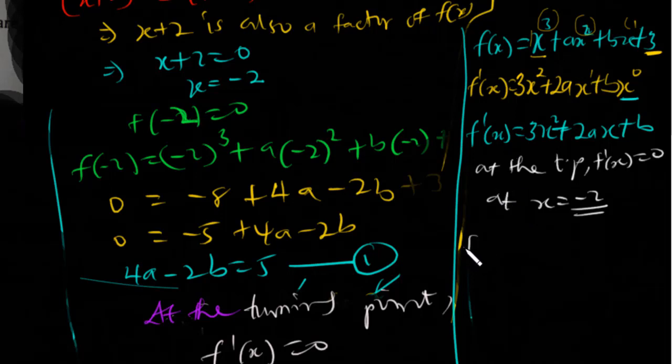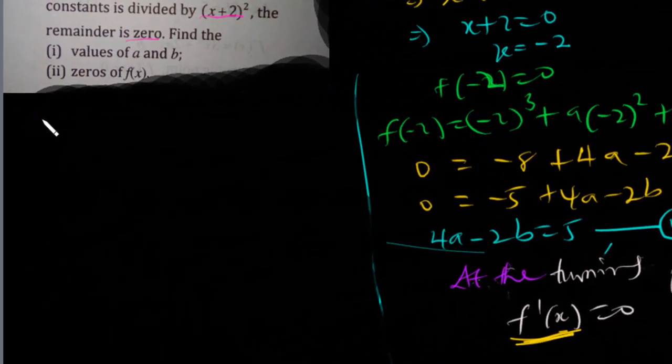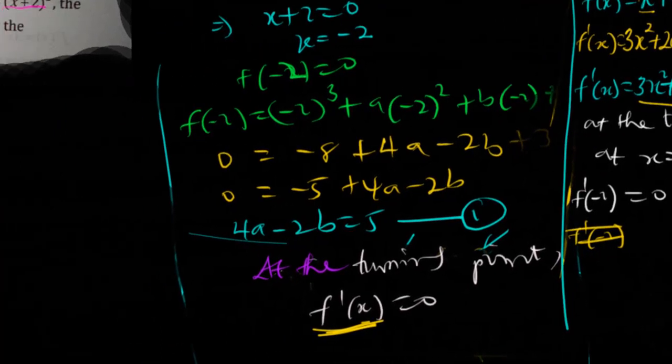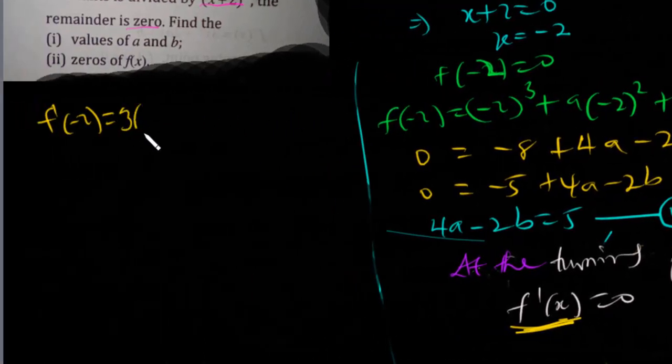So when we put -2 into f prime, we should get 0. This means f prime of -2 is going to be, let's put it into this function here: 3 times (-2) squared plus 2a times (-2) plus b.